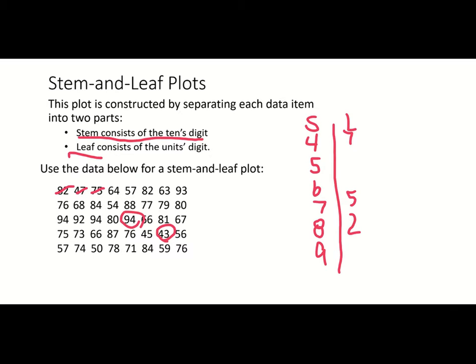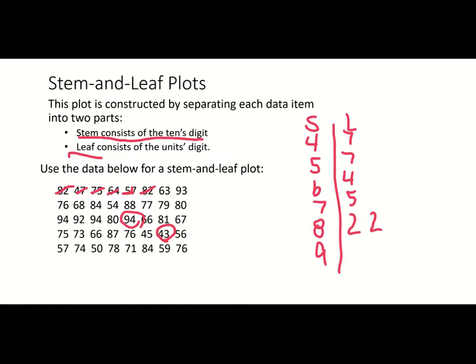And you want to try to keep that first row or column of numbers in order. 64, so I'll put my 4 there. 57, 82, so another 82, so I'm going to put another 2. Between numbers, you will not put commas, you just leave a little space between the leaves.